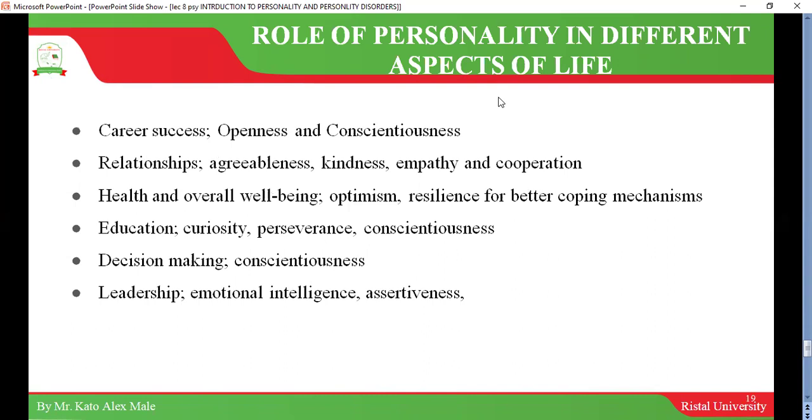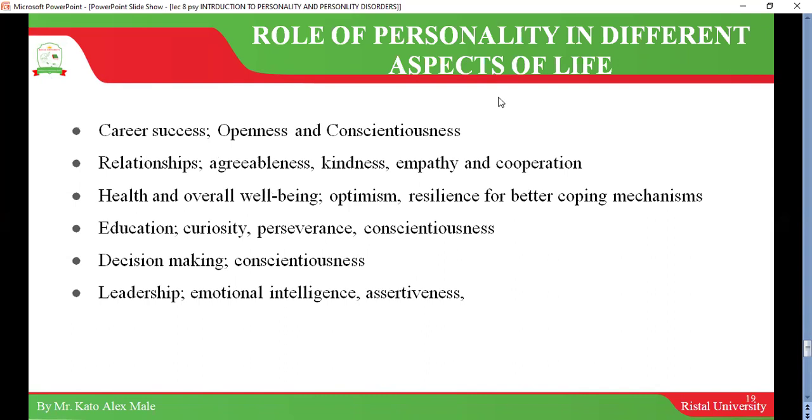So career success is highly influenced by openness and conscientiousness, whereby conscientious individuals will succeed very well, as will open individuals. Yeah, because they are time conscious. They don't want to disappoint someone. They are always eager to learn more. You get it? Yes.